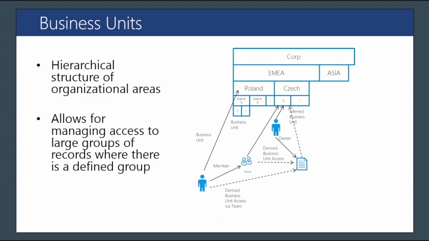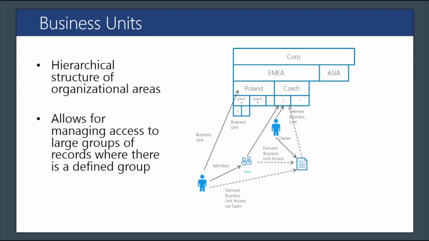Now, another scenario which ties together the team concept in the system. So let's say we have our member of the Poland business unit, and then we have another user who is a member of our Czech business unit, and they own the record in the system.